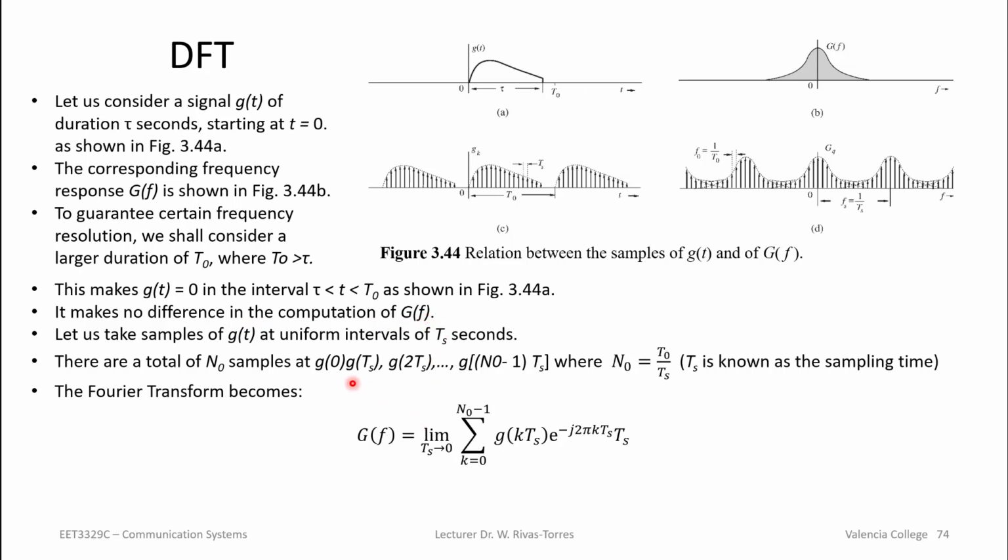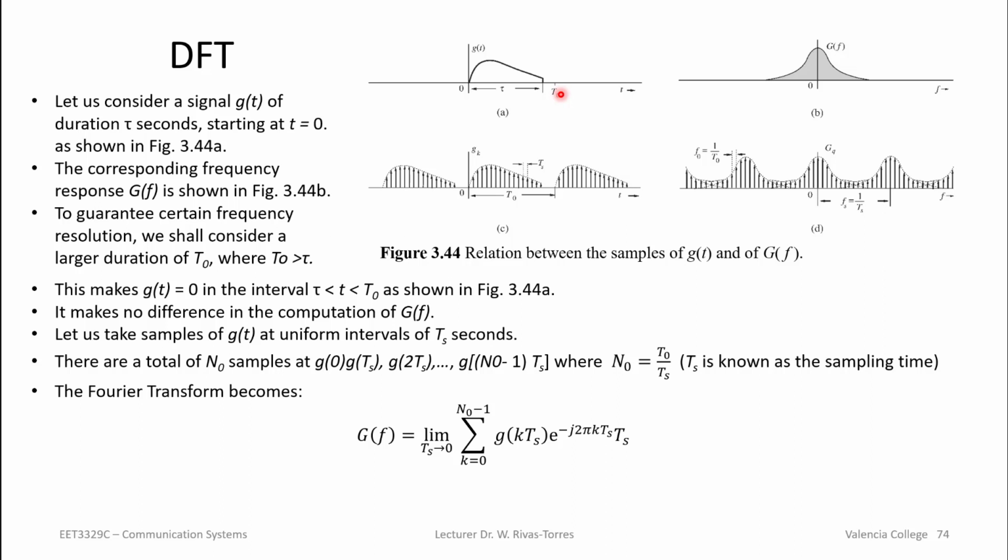Okay, now if we sample the signal, we know that there's a total of N0 samples, right? And we pick them all out, and we know that N0, again, we've seen this before, N0 is T0 over Ts. So this is just the number of samples that we would have in one period of our signal, or an interval of interest for us right now.